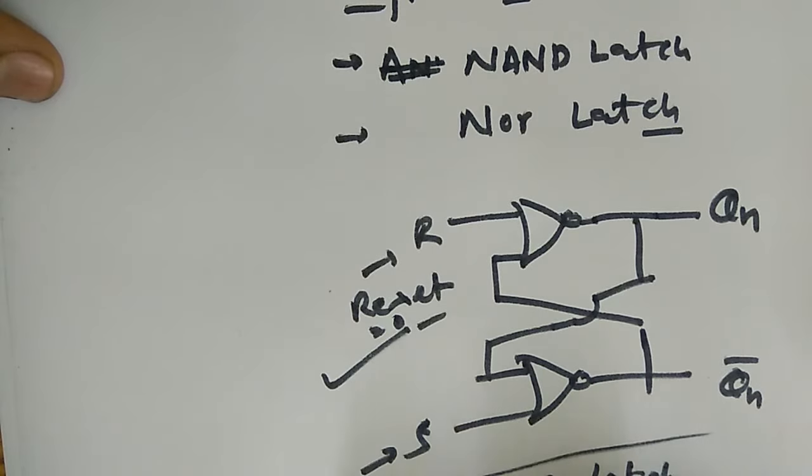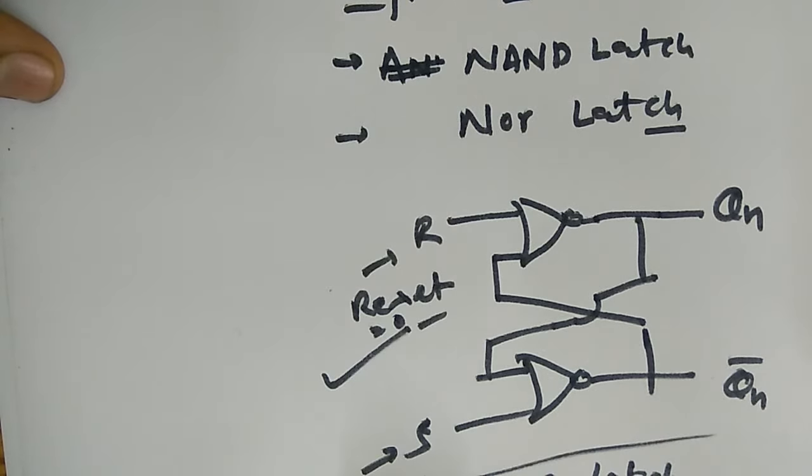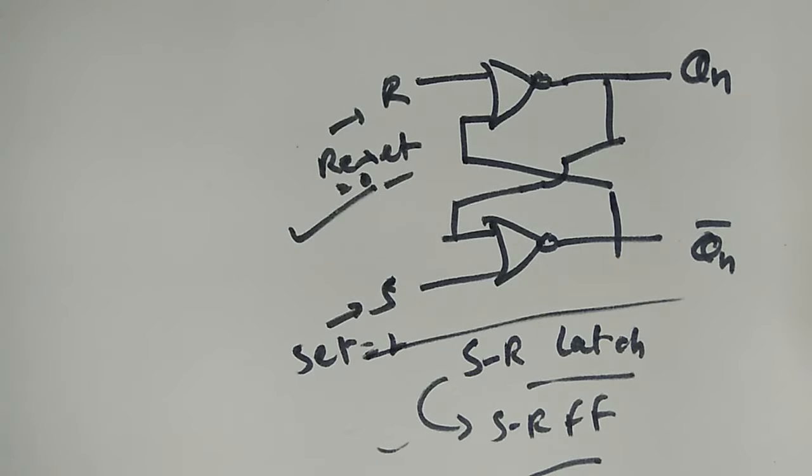Then we will eliminate that problem of a different truth table by the SR flip flop. This is the basic fundamental. Then we will go to the truth table of latch, how it is generated, and we will see one by one.